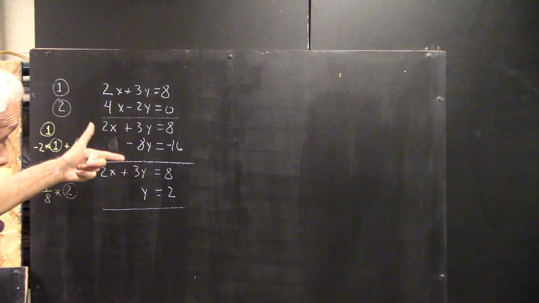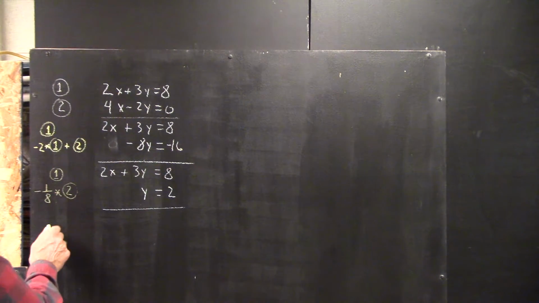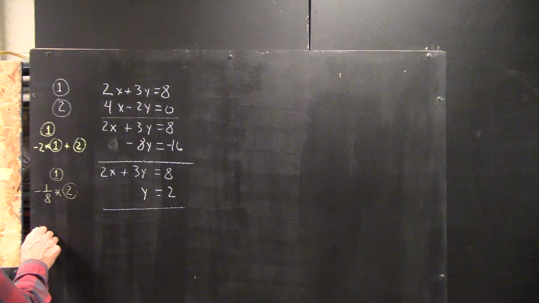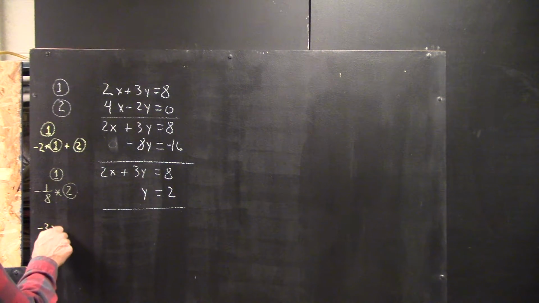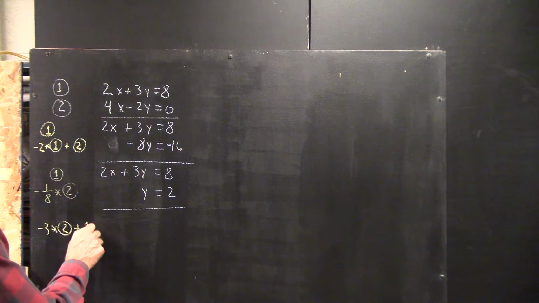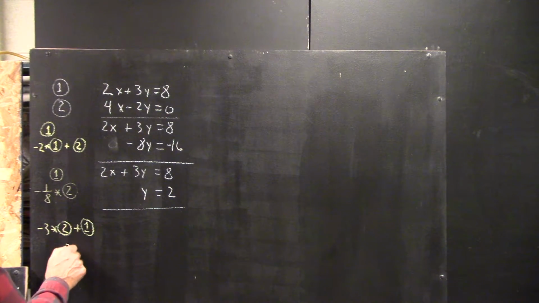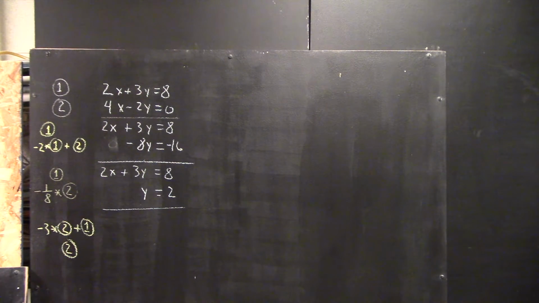It's going to give me no y. It's going to eliminate y from this equation. So I'm going to write this down like so. I'm going to do negative 3 times the second equation plus the first. And then I'm going to leave the second equation the way it is.